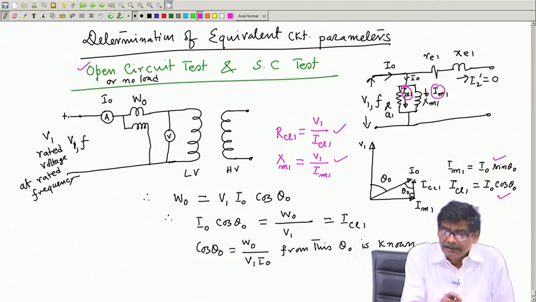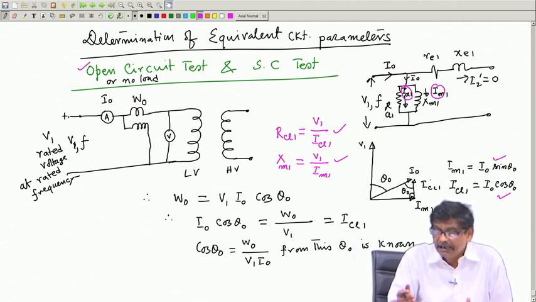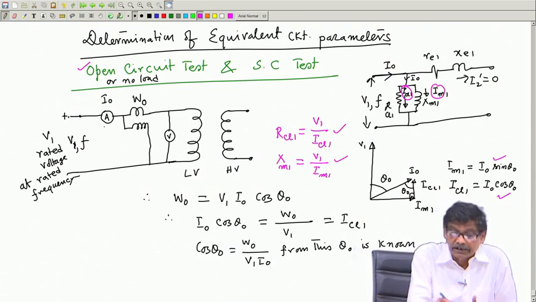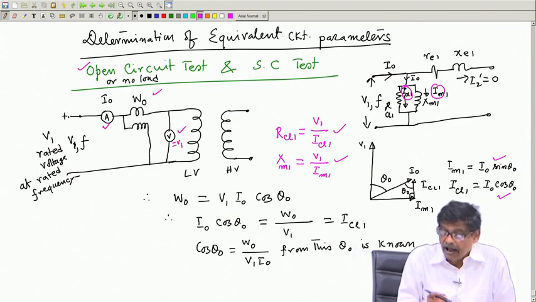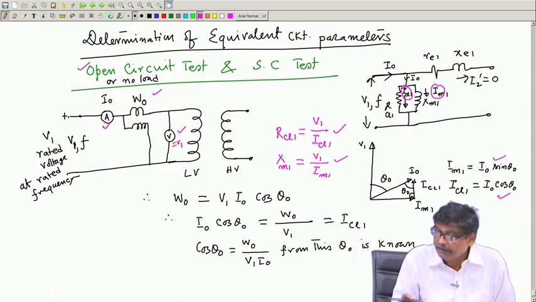So, doing this open circuit test, I can very quickly calculate by noting down the ammeter reading, wattmeter reading and voltmeter reading, which will read equal to V 1, RCL 1 and XM 1.